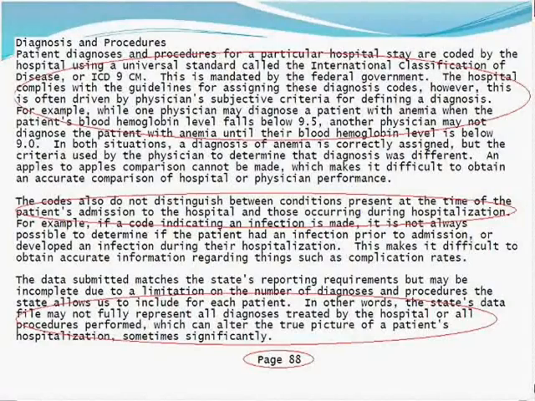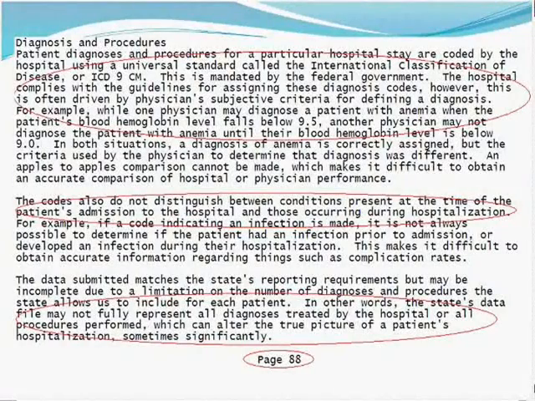For example, the one on top says that they are mandated to use the ICD-9 code, and this is mandated by the federal government. The hospital complies with those guidelines. However, this is often driven by physician subjective criteria for defining a diagnosis. For example, one physician may diagnose anemia when a patient's blood hemoglobin falls below 9.5, and another not diagnose that condition until below 9.0.